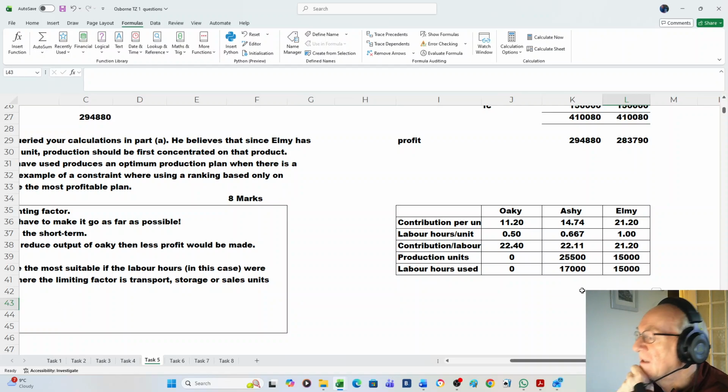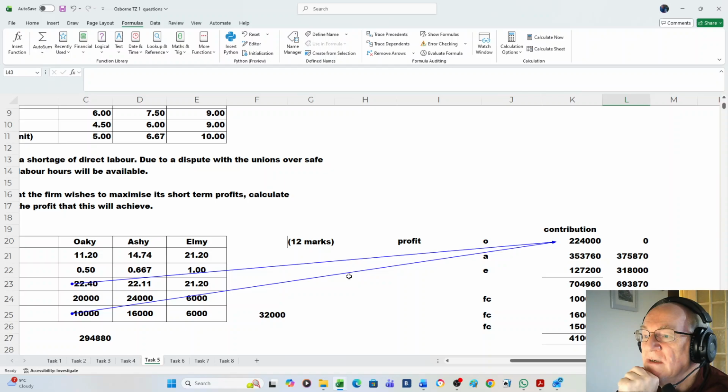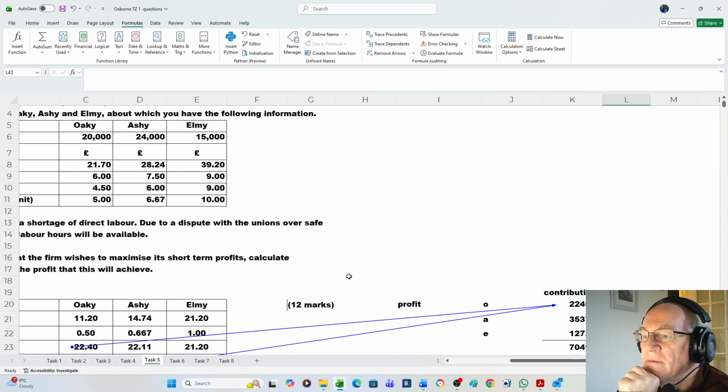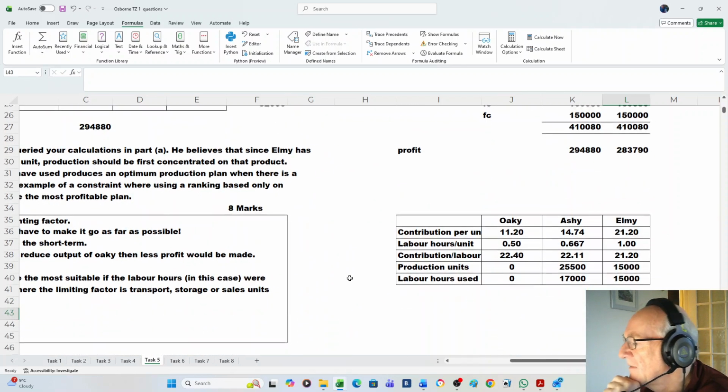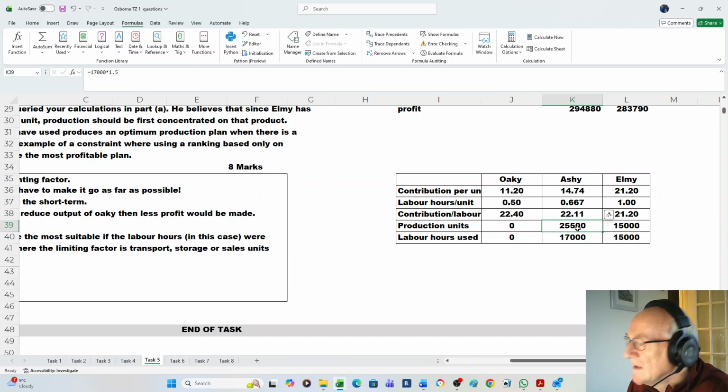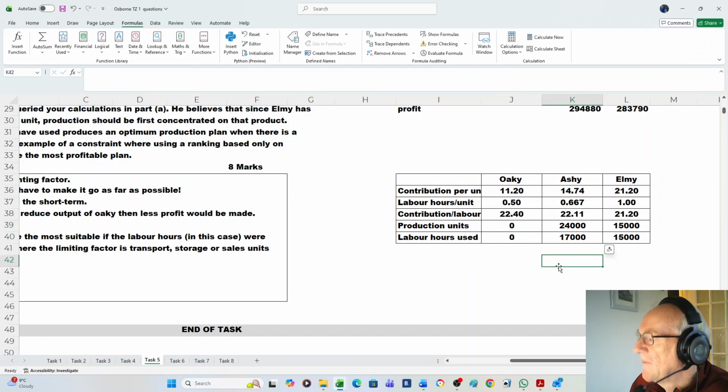That would leave us 17,000 hours for Ashi, which isn't actually the full quota of hours for Ashi, so Ashi would also be cut back. We would only be making Elmi and most of Ashi. We'd be making 25,500 instead of, actually no, 24,000 is the demand, isn't it? So I know I have got this wrong actually. We can make some Ashi.